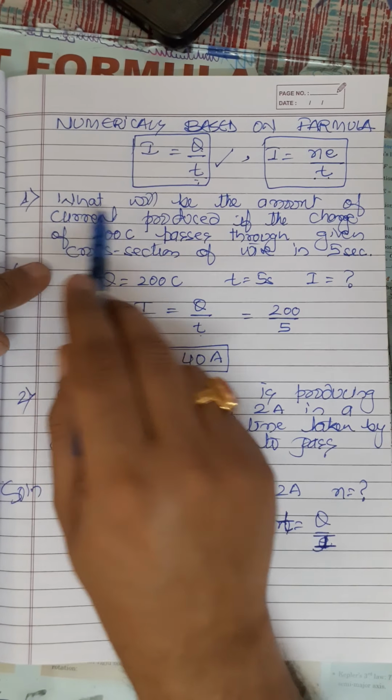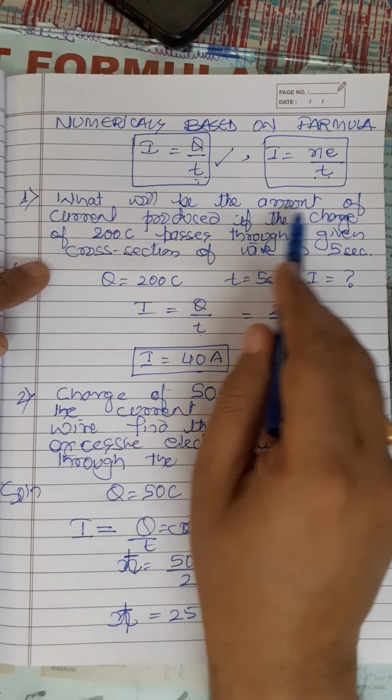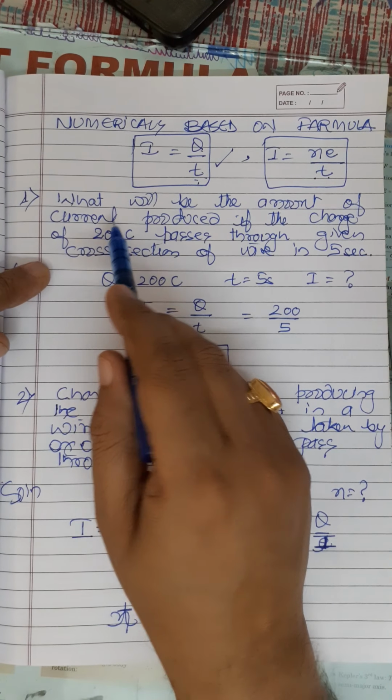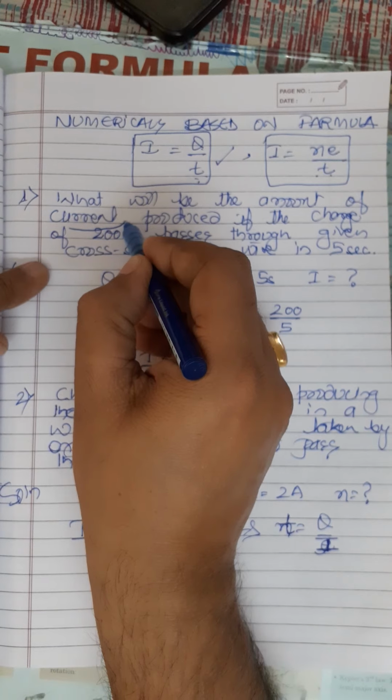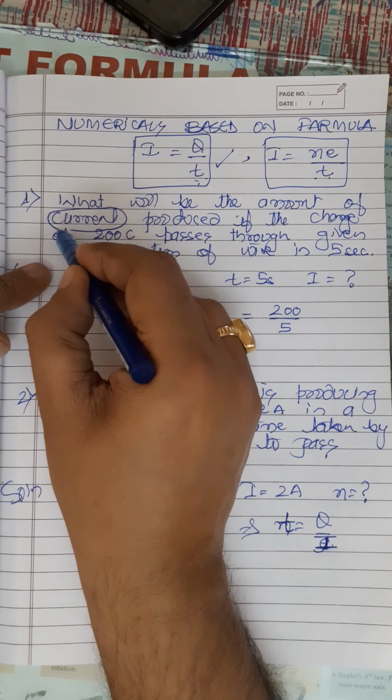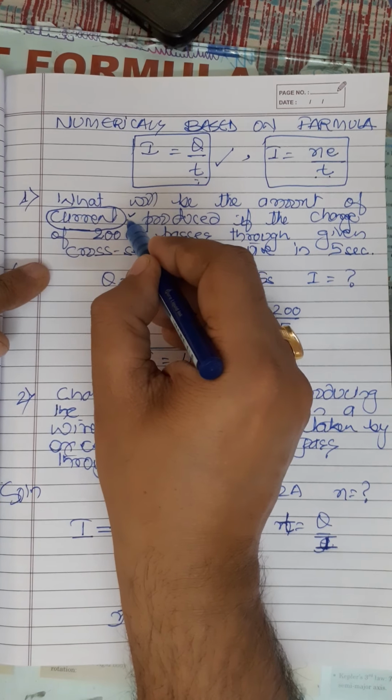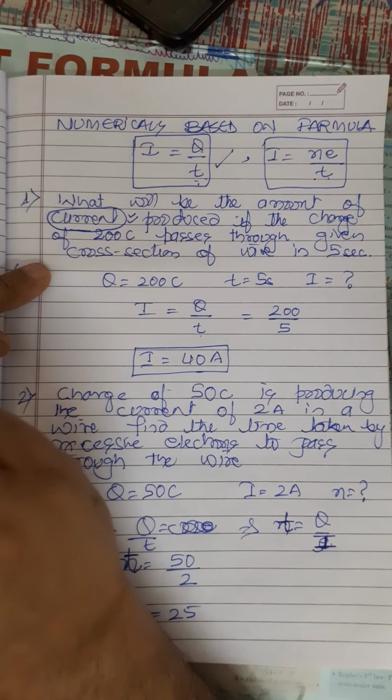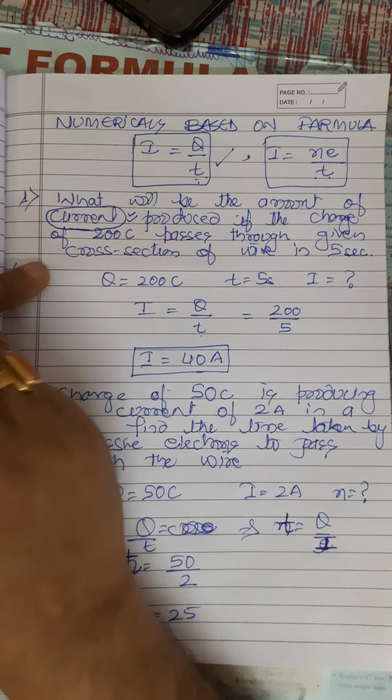The first question is, what will be the amount of current? So right from the first line, we conclude that we have to find the value of current. Read the question like this. Clear? Keep on writing.